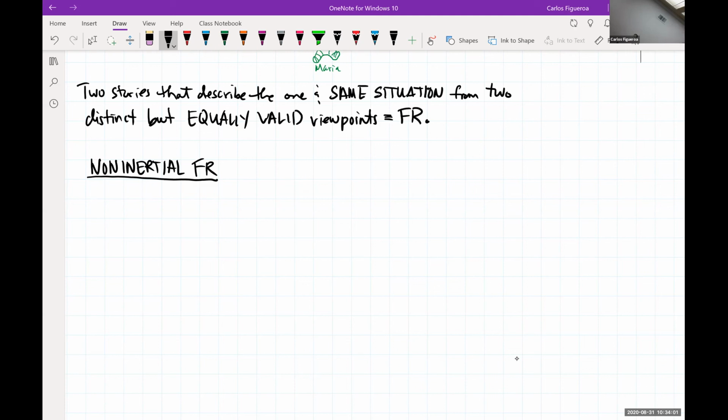Non-inertial frames of reference. So what have we set up to now?